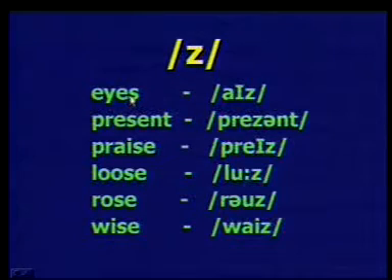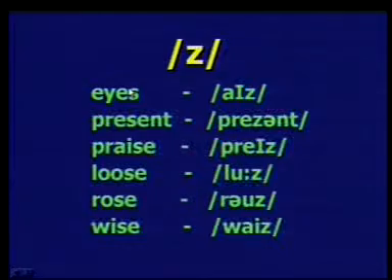And then look at this spelling. There is E-Y-E-S, but we are saying it as eyes. If we say it as ice, there will be a confusion. I-C-E also is ice, and E-Y-E-S also is eyes. So in order to avoid this confusion, we have to say this particular word, the plural of eye, as eyes.